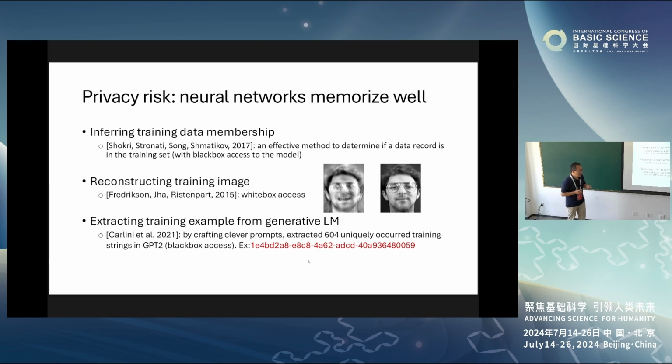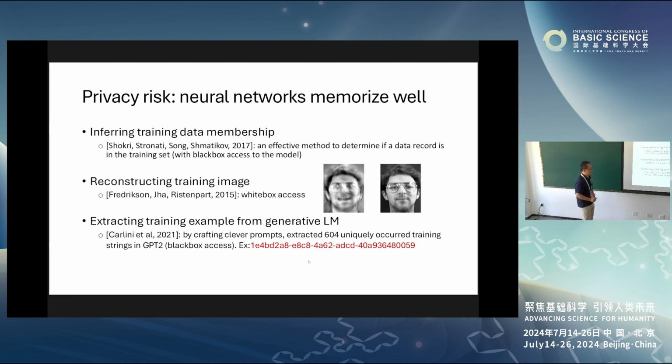For instance, if your model is overfitting, then its training accuracy will be higher than its test accuracy. So on average, you will see a better accuracy score on the data in the training set. So it's very easy, and people have demonstrated that you can infer, given a data record, whether it's in the training data or not.